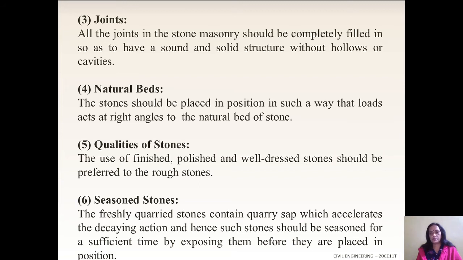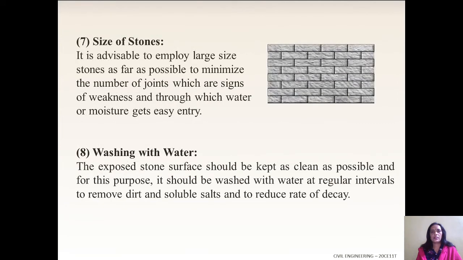Then the pointing and plastering. Then the size of the stones. Employ large stones as far as possible to minimize the number of joints. These are the signs of weakness through which water or moisture will easily enter.